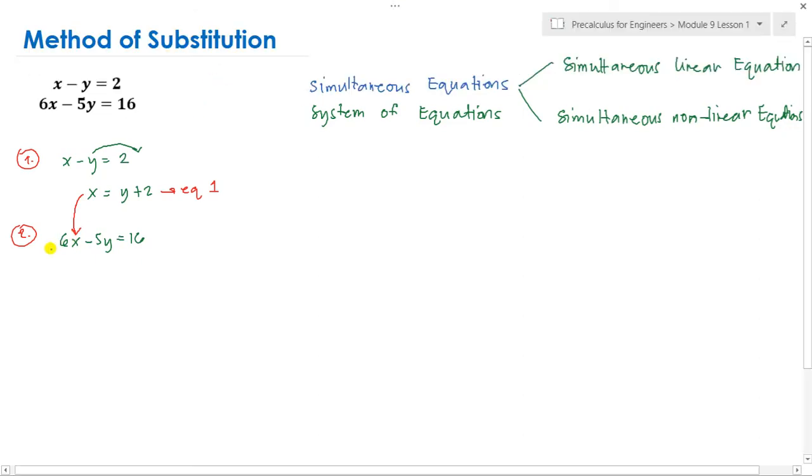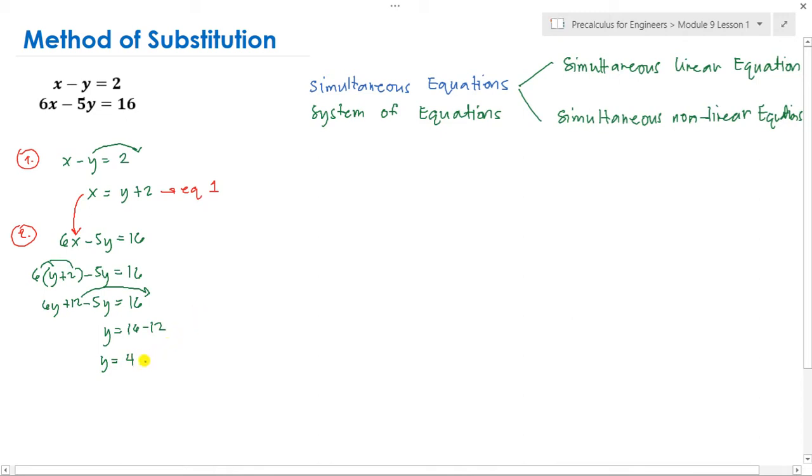So we have 6 times (y plus 2), minus 5y is equal to 16. Distribute 6, so we have 6y plus 12 minus 5y is equal to 16. Simplifying, 6y minus 5y equals y, then transpose 12 to the other side. This is 16 minus 12, and y here is equivalent to 4.